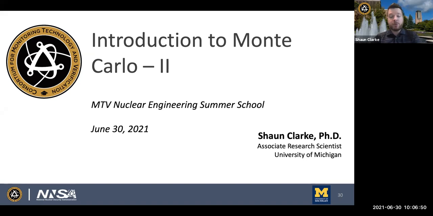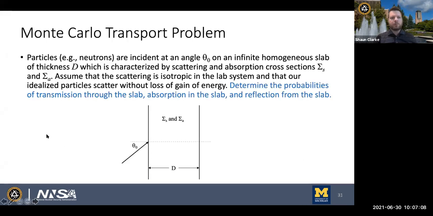So today, we're really going to focus on radiation transport, and we're going to walk through the various steps of a transport problem and discuss how we can use Monte Carlo to sample the various particle properties along the way. So with that, this slide describes the problem that we're going to be considering today.